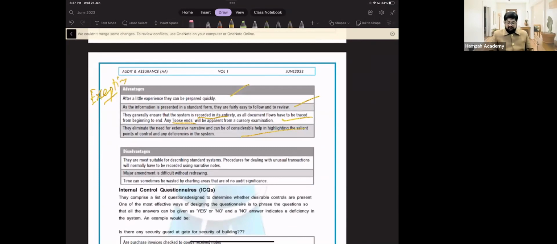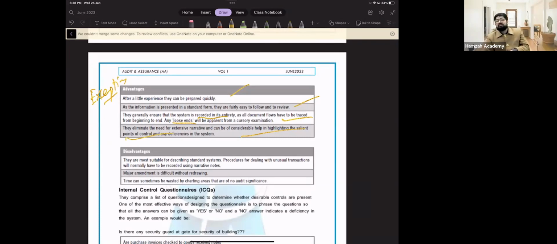You can easily highlight deficiencies as compared to narrative notes. For a standardized system which follows a standard flow, it is wonderful. But if there are some unusual transactions which are not standardized processes, for example, normally the sales direct manager gives approval of everything.